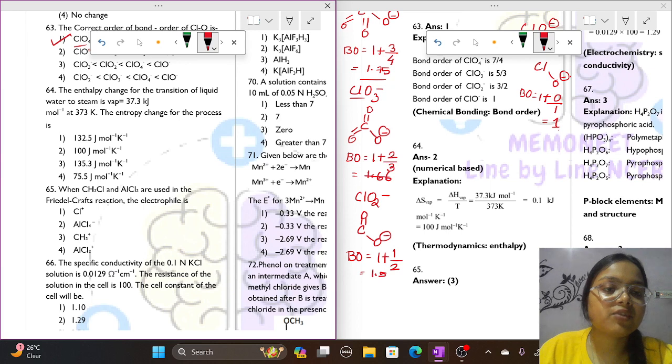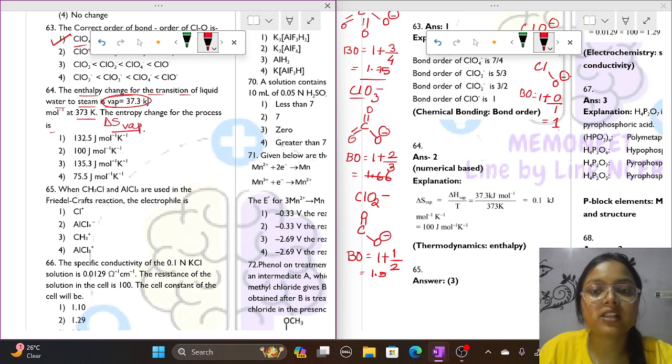Question number 64 states that the enthalpy change for the transition of liquid water to steam, the enthalpy of vaporization, is 37.3 kilojoule per mole at 373 Kelvin. We have to find the entropy change, that means delta S of vaporization. We know that delta S vaporization equals delta H vaporization divided by temperature.